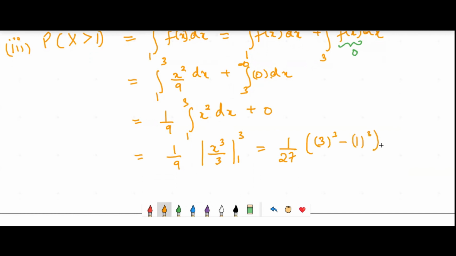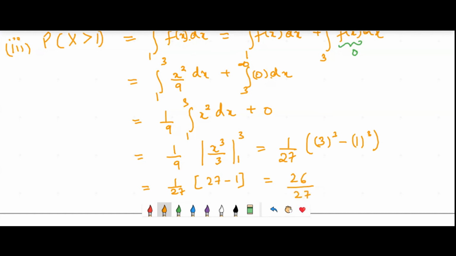You get this as 1 upon 27, 27 minus 1, that is 26 upon 27. So the value of the probability of x greater than 1 is given by 26 upon 27.